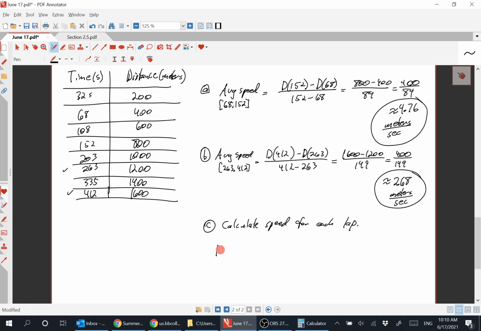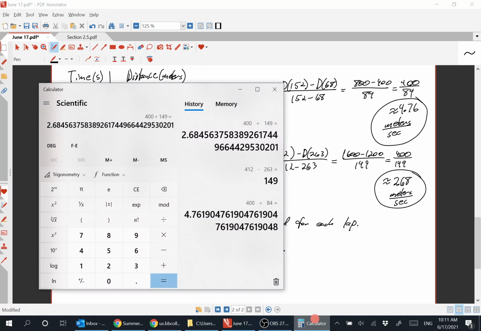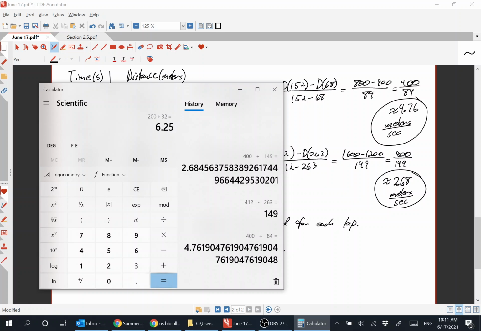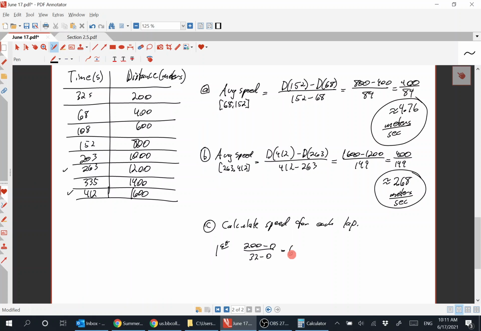The first lap: he's starting out at time 0, so the first lap is 200 meters minus 0 meters over 32 seconds minus 0 seconds. He hasn't traveled at all before that. So 200 over 32.